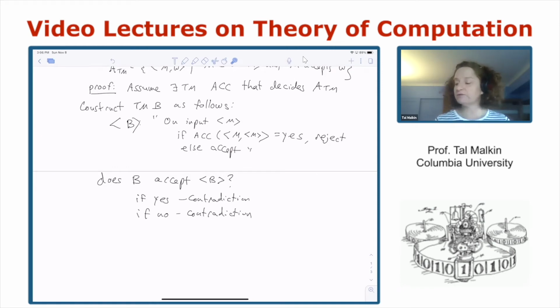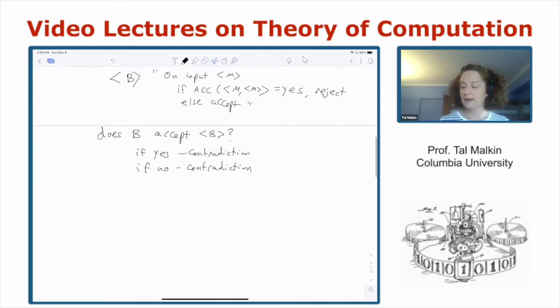And the reason is you could view this same proof as diagonalization in the following sense. You can think, let's put all the Turing machines here in order. There are countably many of them, as I said, so you can put all of them in some countable order. These are all the Turing machines that take as an input the code of some machine and then either accept or not. Okay, and let's look at all possible inputs, the encodings of Turing machines.